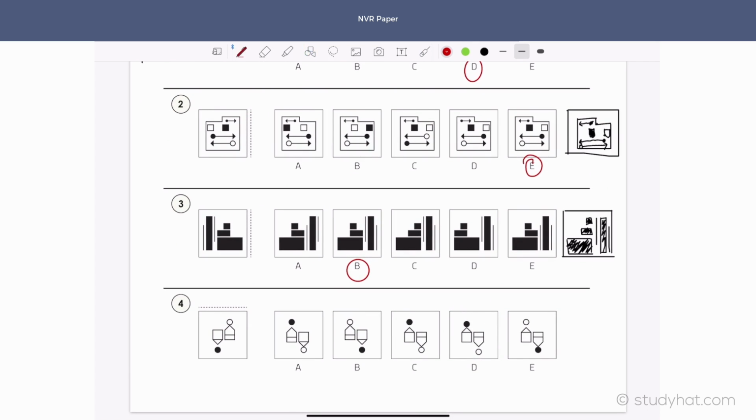Okay, number 4. I'm going to draw this above here. Okay, so taking it bit by bit, this shape is going to become like this. And the black dot. And then this shape is going to become like this.